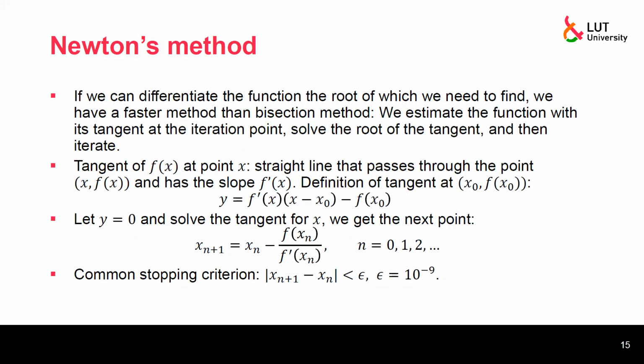That's really easy to solve for linear functions. So we solve that, assuming the function is straight, and check that as the next point. A common stopping criterion is that if the change in x value is under one billionth, then we're close enough.